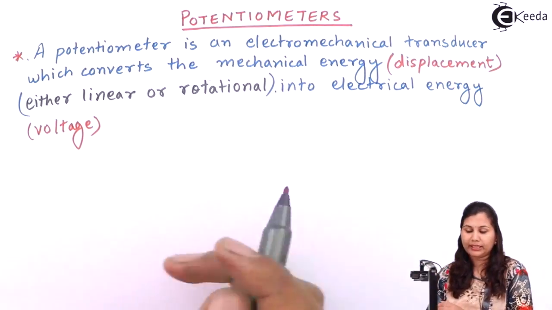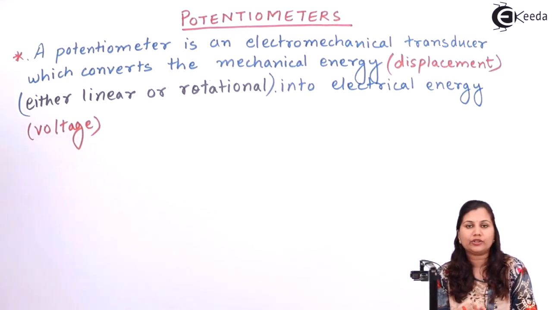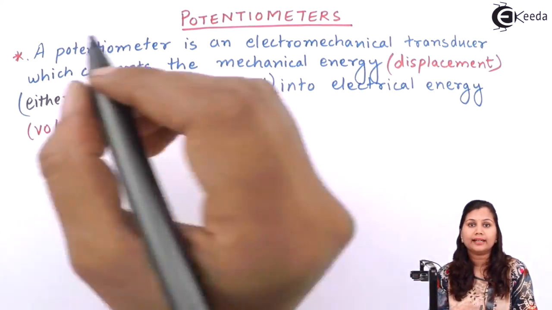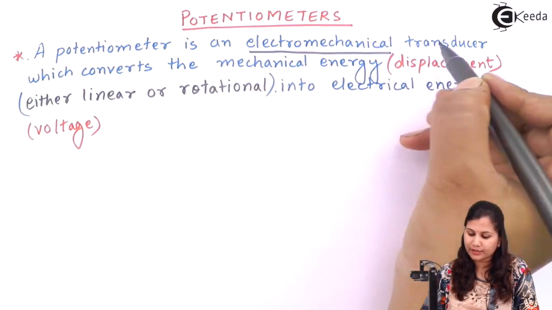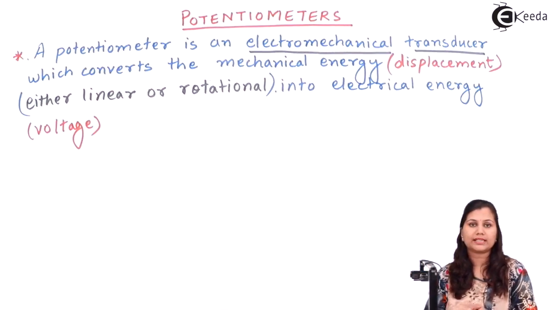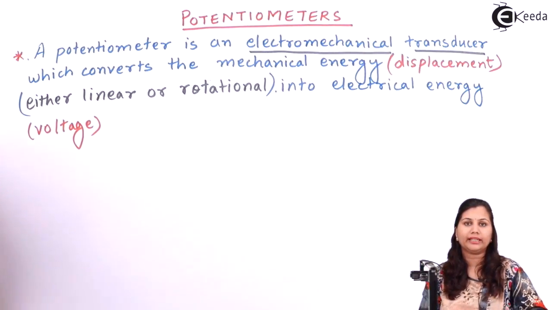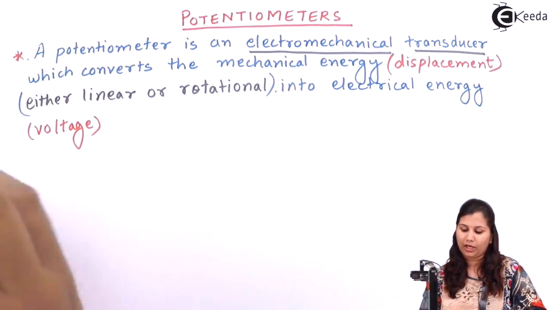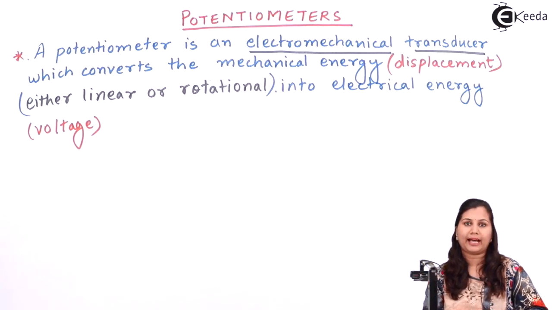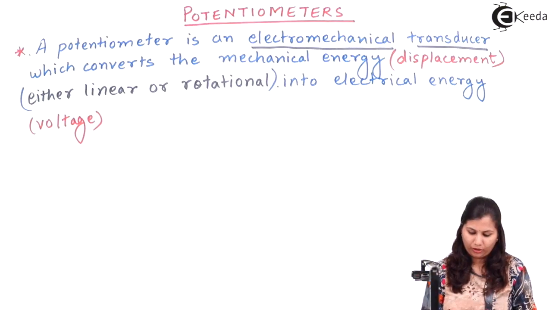So it is converting a physical quantity into an electrical quantity. That is why it is known as an electromechanical transducer, because it is dealing with electrical and mechanical signals, and also converting a physical quantity into an electrical quantity.